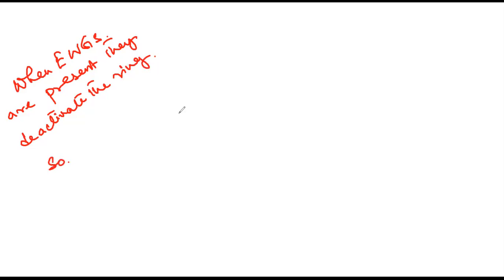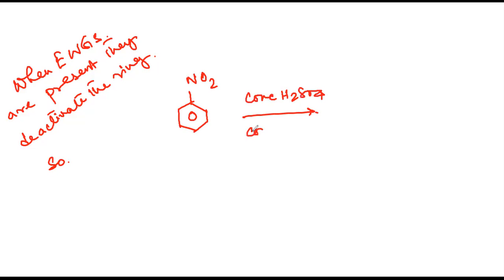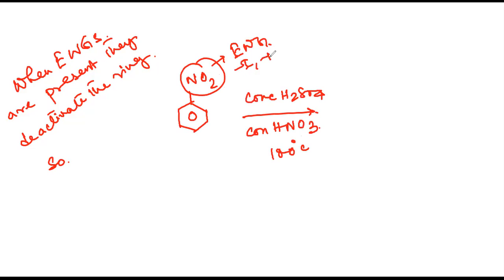So if you want to do nitration here, you should give a high temperature of 100 degrees centigrade, because it is an electron withdrawing group with a minus I or minus R effect that deactivates the ring.